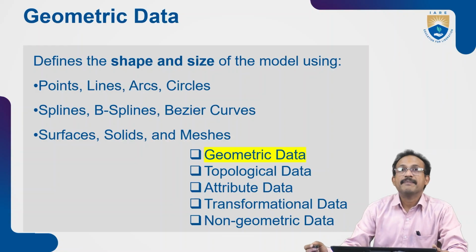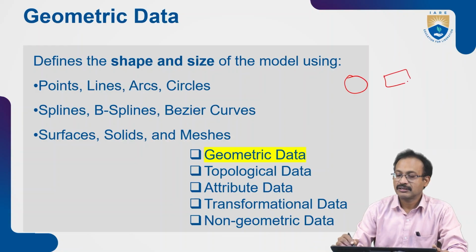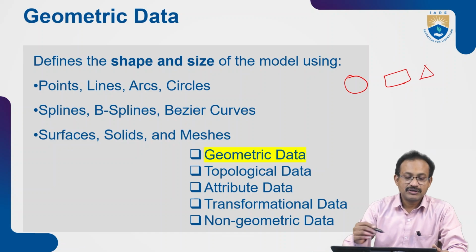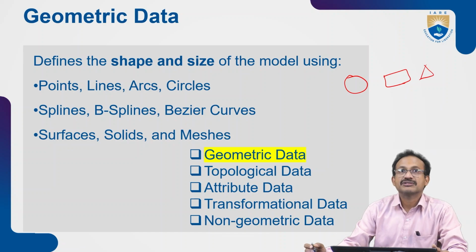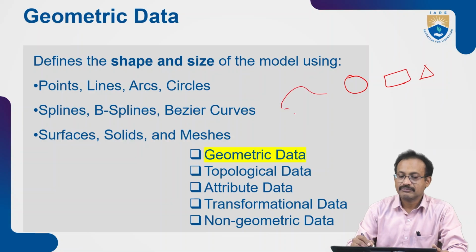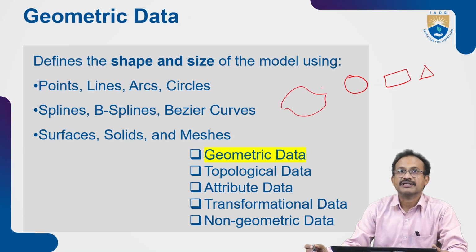So geometric data defines the shape and size. The shape may be circular, or rectangular, or triangular, so that it will be developed by points, lines, arcs, and circles. Suppose if we use splines, B-splines, Bezier curves, we can develop some sort of complex surfaces.